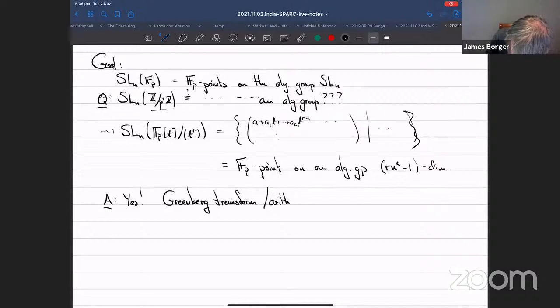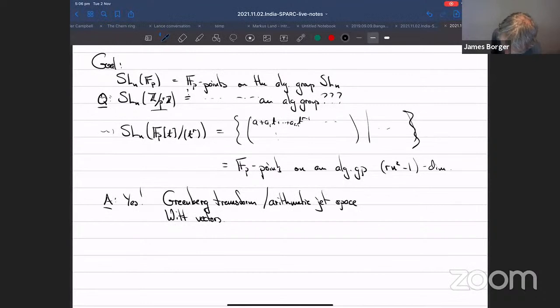I kind of feel that the term arithmetic jet space is maybe taking over from the older term Greenberg transform. And this involves in an important way the concept of Witt vectors, which will be the beginning of these lectures.